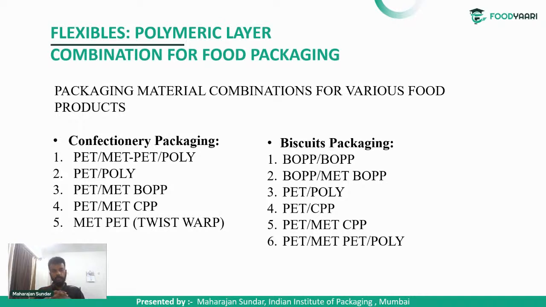Why is it used? It is a combination of a barrier layer, a printing layer, and a food contact layer. It is not mandatory that more than 3 layers be present in a package. It can be two or three. In most cases it will be only two.